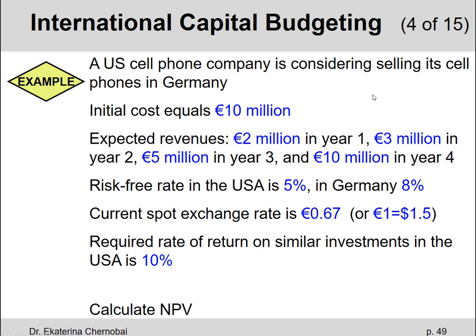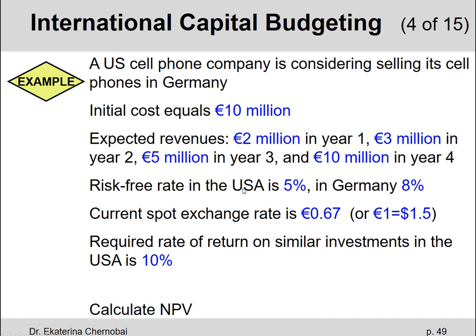Expected revenues from this project. It's actually more like profits. That would be a more correct word to use. After-tax profits. We learned that in chapter 10 in this class. So expected after-tax profits are 2 million euros in 1 year, 3 million euros in 2 years, 5 million euros in 3 years, and 10 million euros in 4 years.